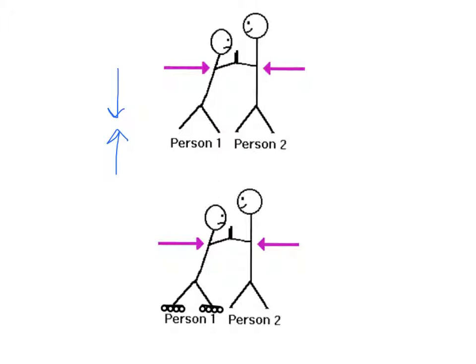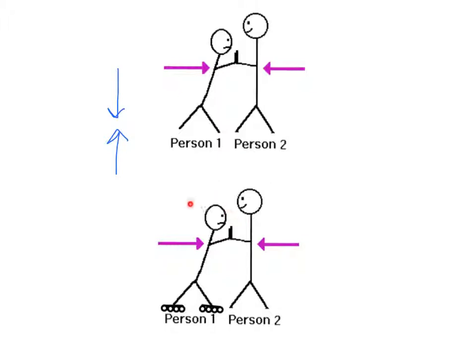What if, however, person 1 were wearing rollerblades? How does that change this picture? You can pause the video for just a minute and think about it. What would happen? If you thought in your head or wrote down in your notes that it's the force of friction, then you're correct.